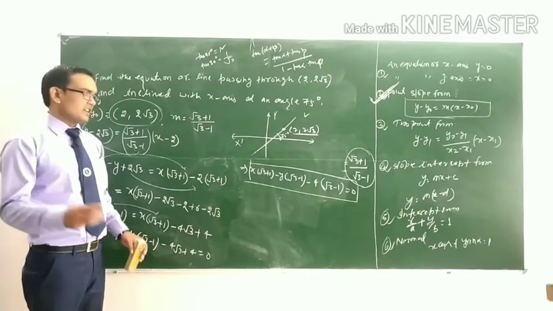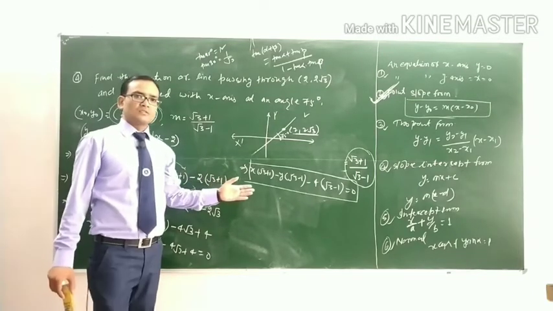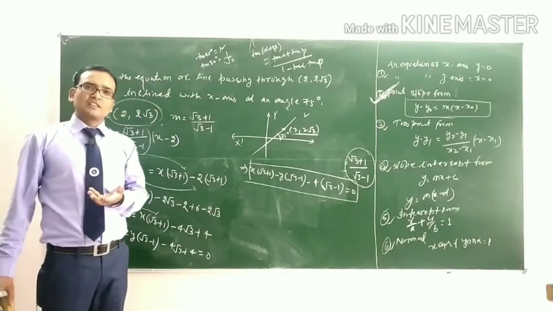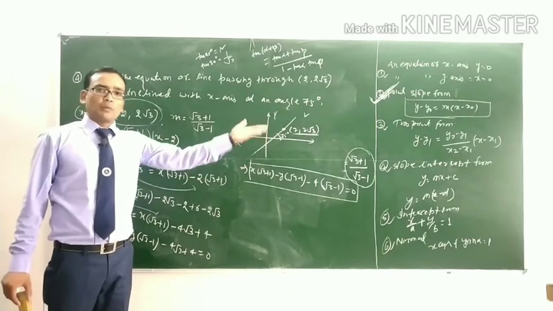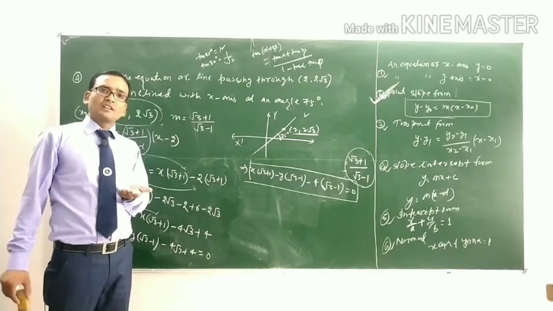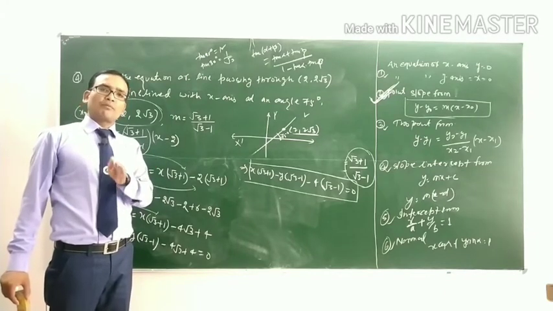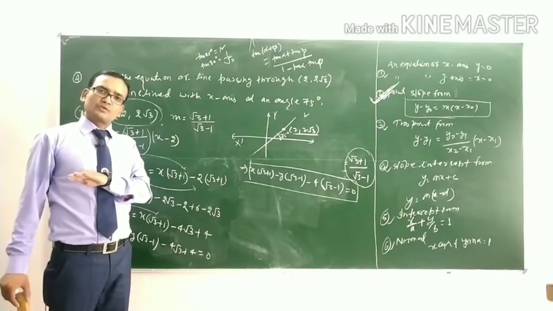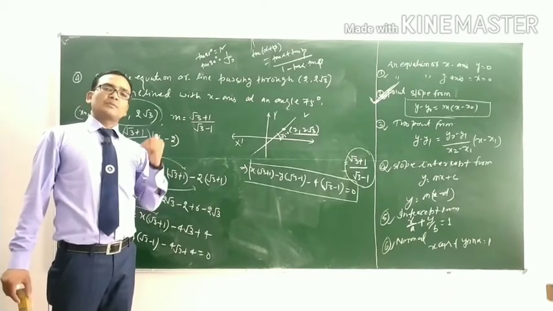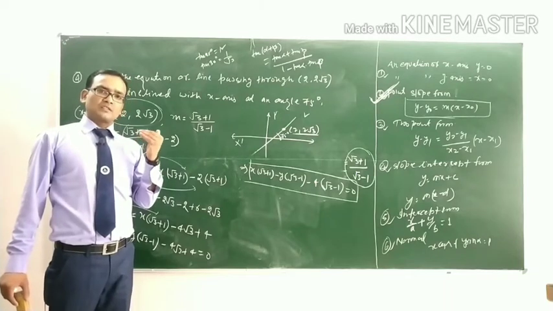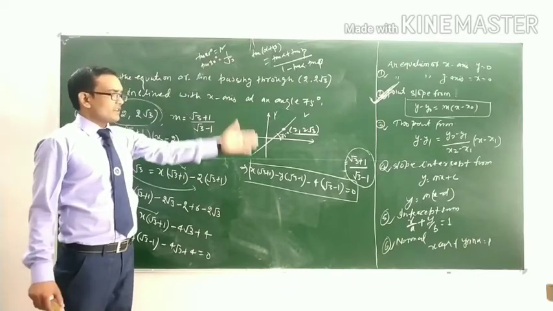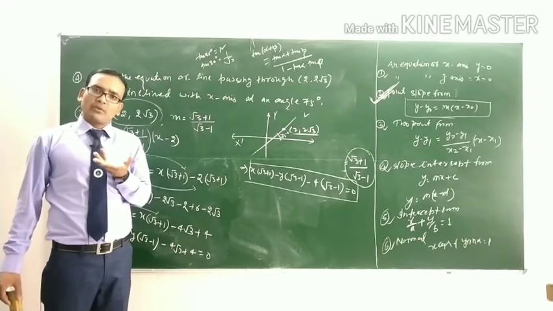You have observed that why we find the tan 75 degree, because tan 75 degree is the slope of the line. How to find tan 75 degree? Using tan alpha plus beta formula. Okay student, tan 75 is broken in tan 45 plus 30, and using this formula we find the value of tan 75 degree.